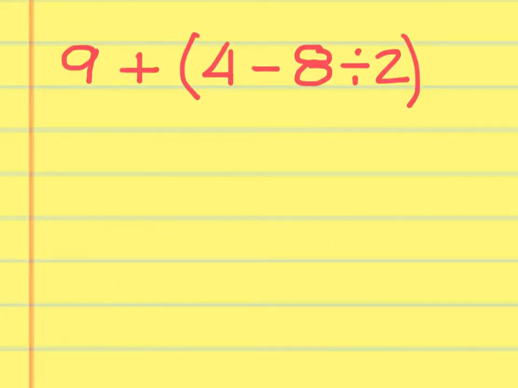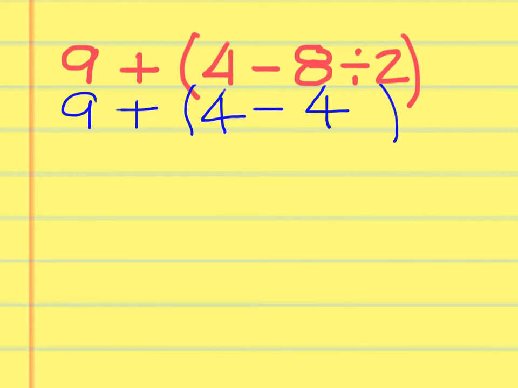Where do I go first in this problem? Parentheses, yeah. Inside of those parentheses, what do I do first? I do division first. So 8 divided by 2 is 4.